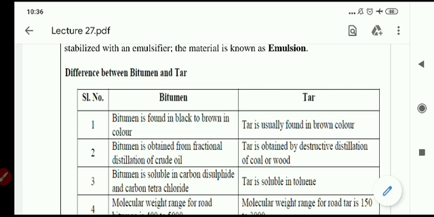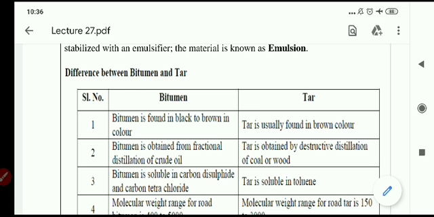So if I brief this concept, I can directly say that bitumen is far better than tar, because it has more resistance to the environmental effects.